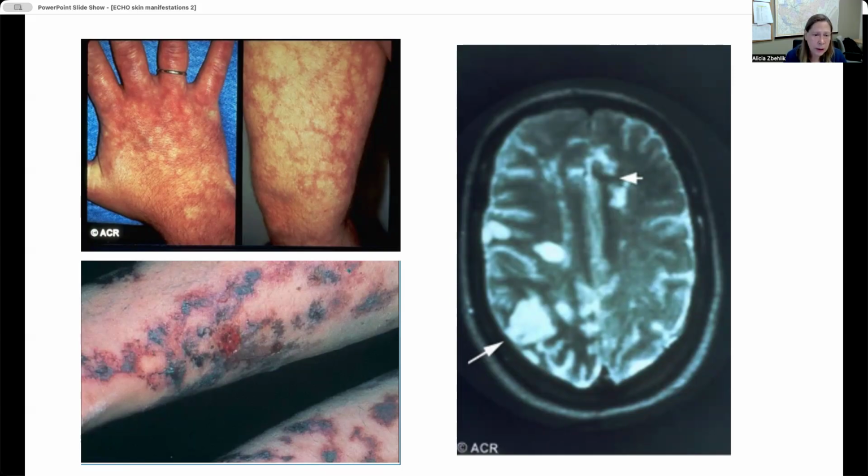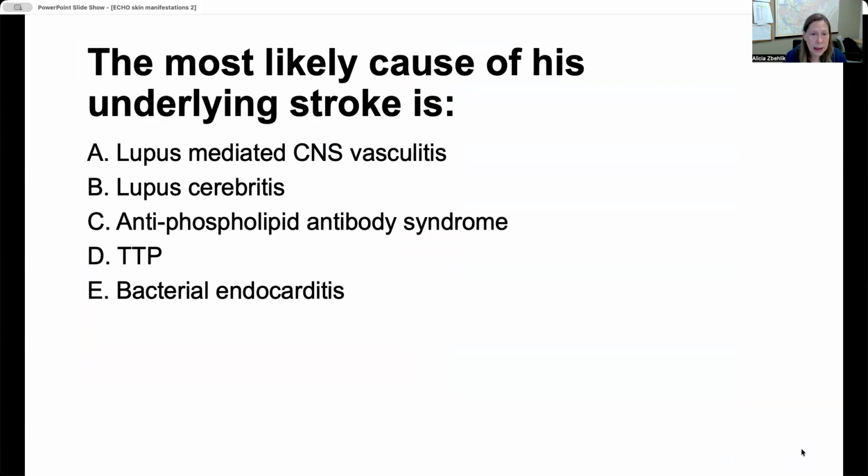And then the picture in the left upper quadrant is more of a fine lacy pattern that you might see in a less acute setting. And so the most likely cause, if anybody wants to throw it out there, but this is a typical consult that we would get, probably more inpatient. This person is pretty sick. And the answer for this would be C, antiphospholipid.